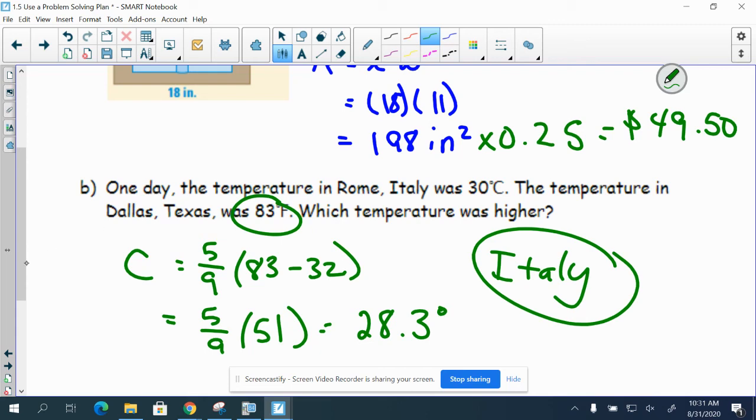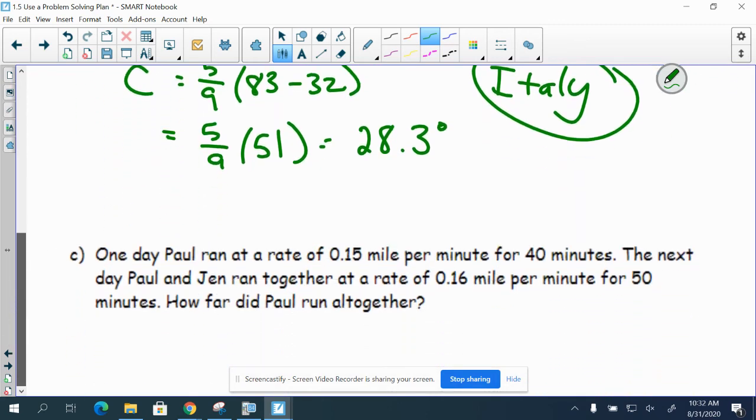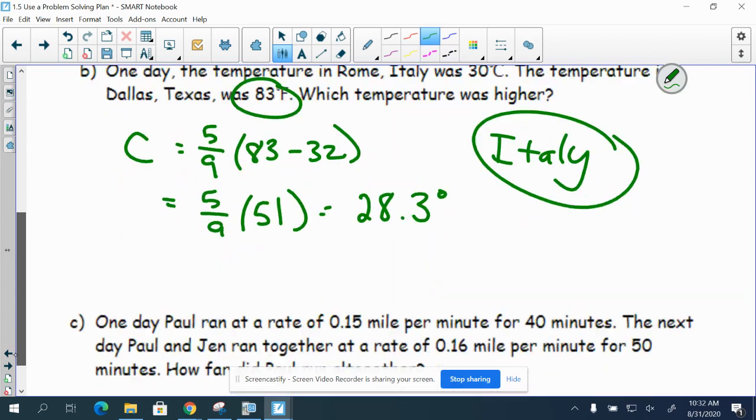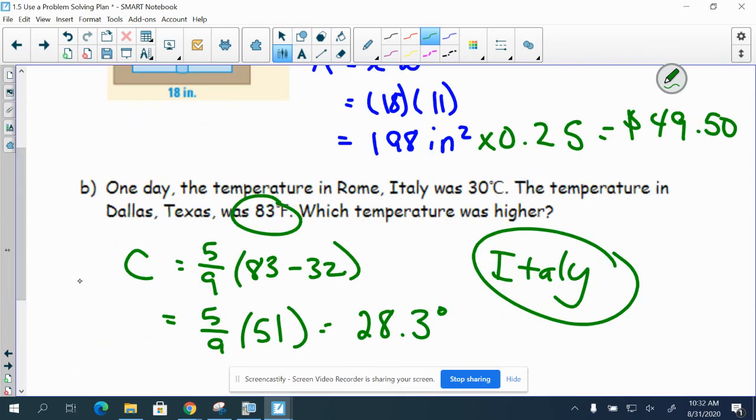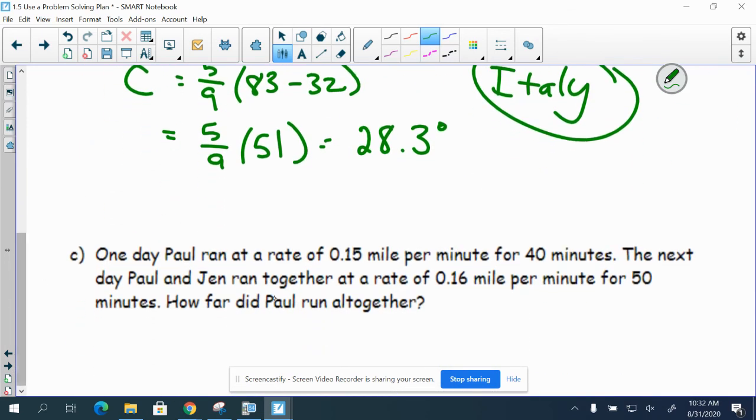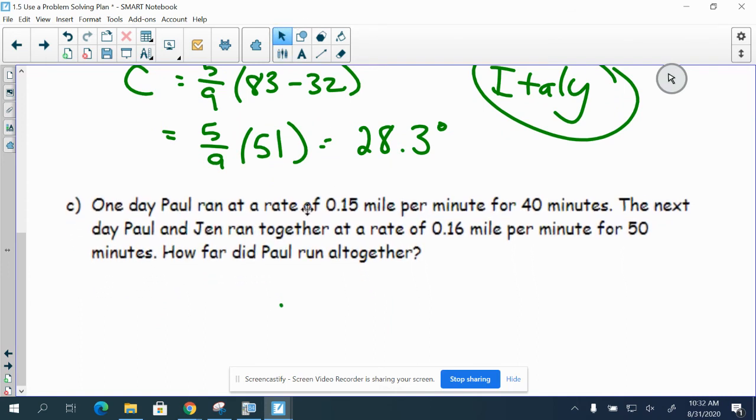All right, one last example. Okay, so it says, I'm gonna have to move this up. One day, Paul ran at a rate. Okay, so rate, we're gonna be using the dirt equation, 0.15 mile per minute for 40 minutes. The next day, Paul and Jen ran together at a rate of 0.16 mile per minute for 50 minutes.